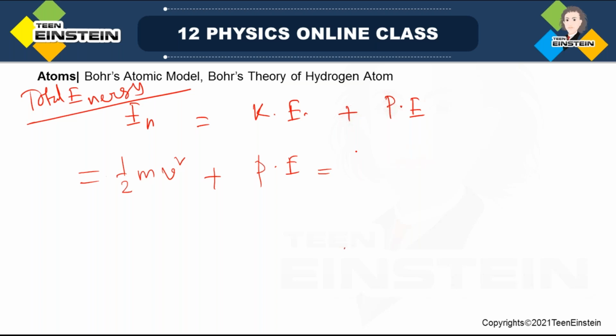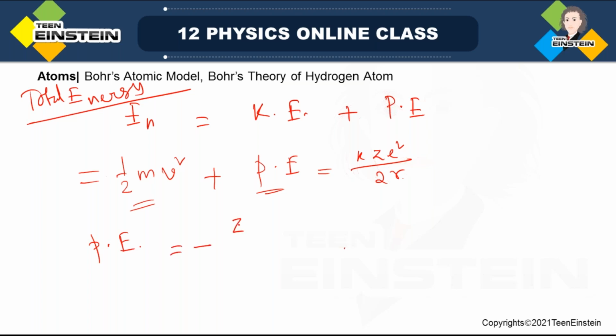In general we'll write it first: it is given by k z square by 2r. So this is half m v square. If you go back to the first and third equations, you will be able to find the kinetic energy in terms of the radius r. And the potential energy, how can you find it?